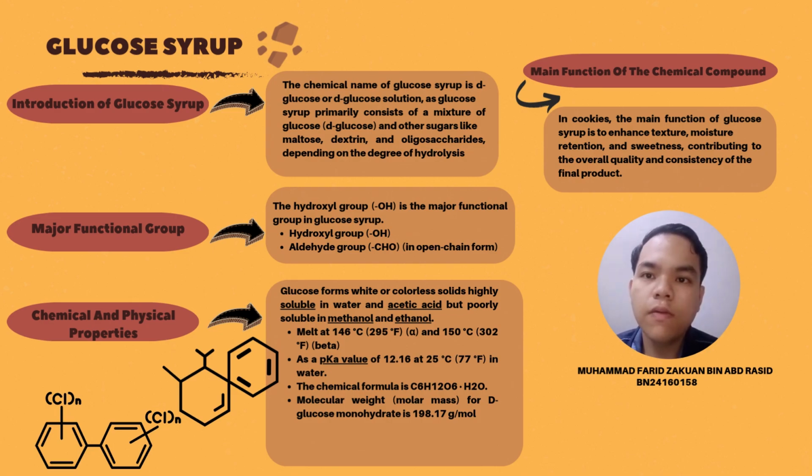The main function of this chemical compound in cookies is to enhance texture, moisture, retention, and sweetness, contributing to the overall quality and consistency of the final product. So thank you.